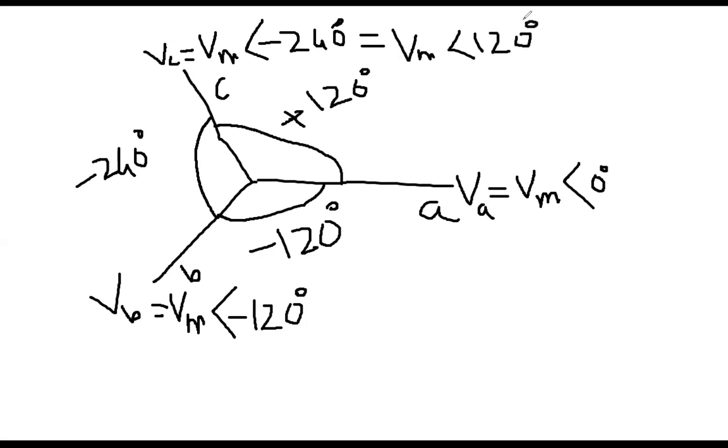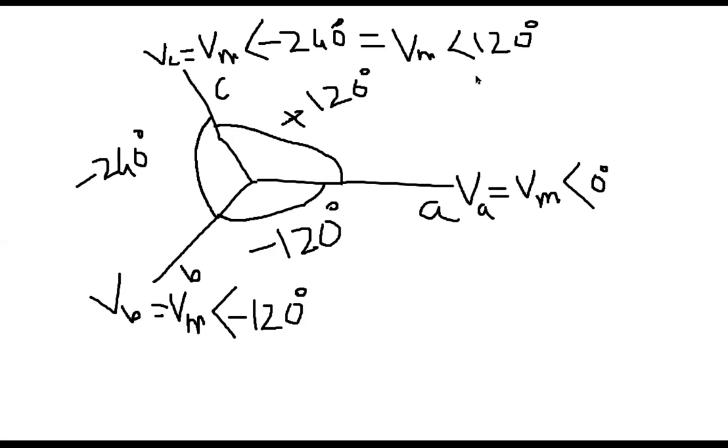Why is it done? Just to make the similarity with this one. B phase is minus 120, C phase is plus 120, so then it is easy to remember. A phase has 0 degree, B phase has minus 120, C phase has plus 120, or in other words, minus 240. Could you follow me, everybody?